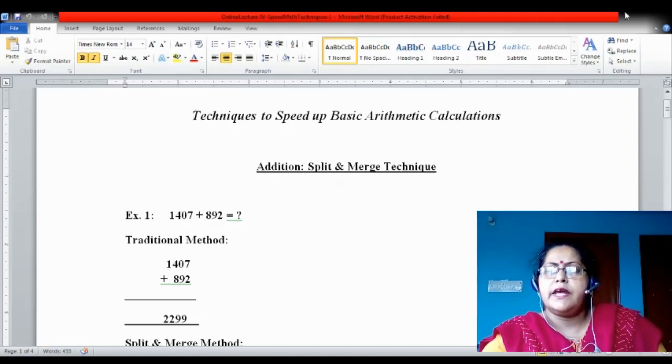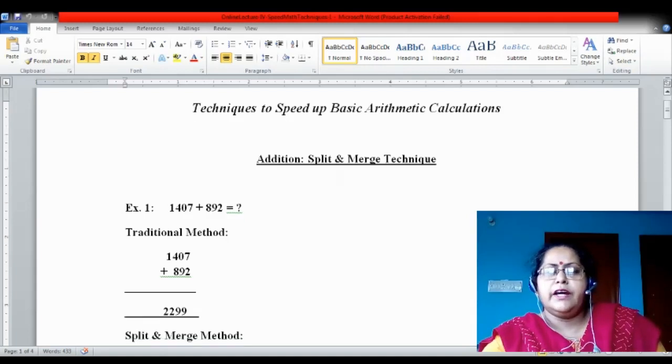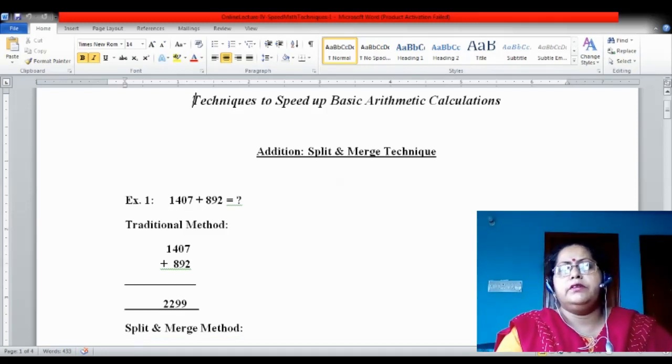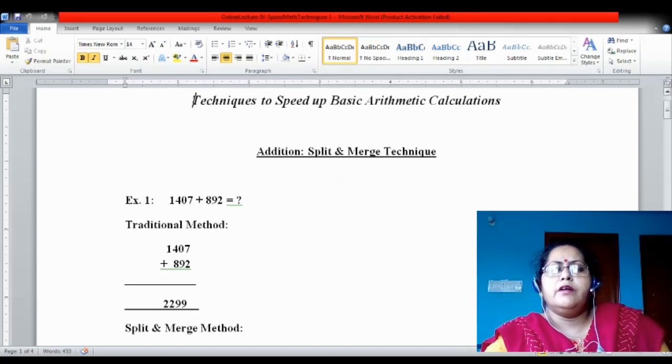So what can we do? How can we do it mentally? As we have already told you, we will use the split and merge method. So I split the numbers, as you also used to do in your childhood days, as per their positions: thousands place, hundreds place, tens place, units place.